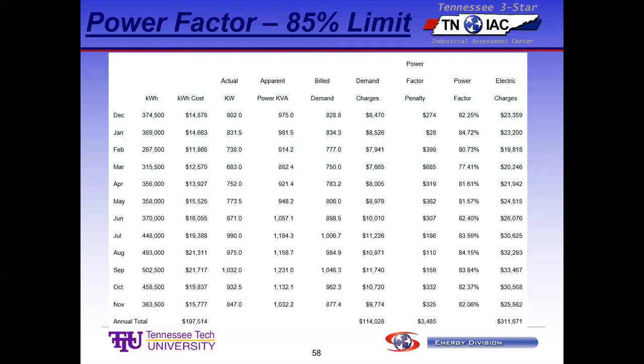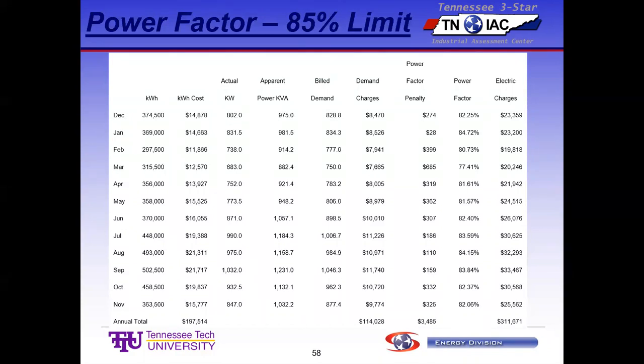Okay, so what they do is on this rate, they'll give you down to an 85% power factor. And if it's less than that, they calculate a kW difference. I can't remember it off the top of my head.